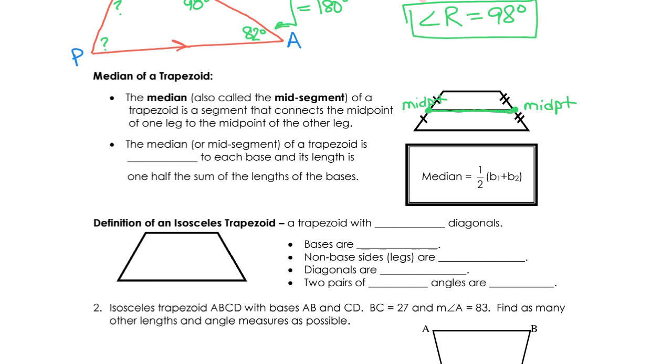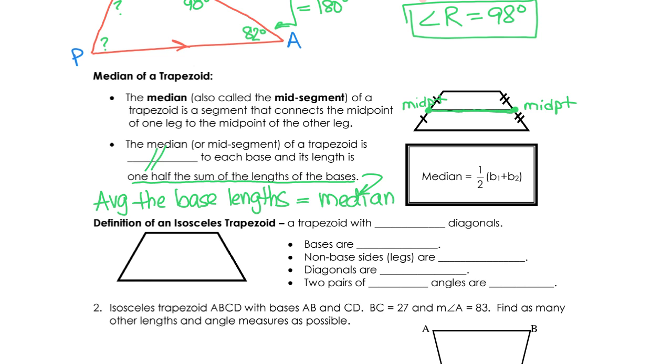Okay? The median or mid-segment of a trapezoid is parallel to each base, and its length is 1/2 the sum of the lengths of the bases, which sounds very complicated, but it actually is very easy. If you average the base lengths, that equals the median.